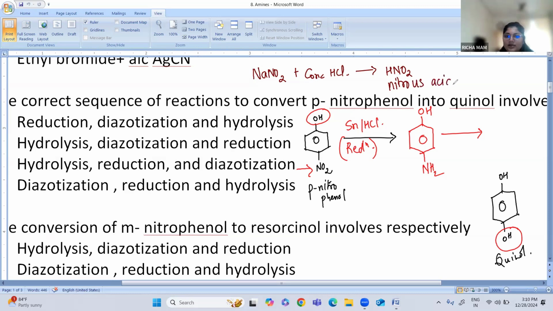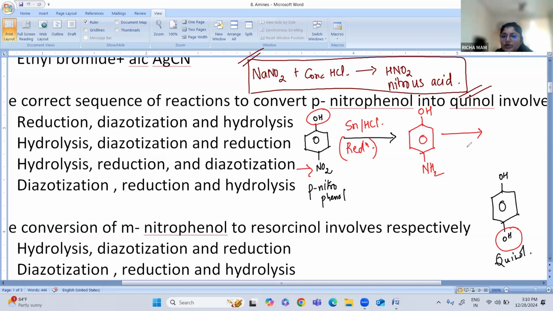Diazotization is a process where, wherever you have an amino group, you do diazotization using the diazotizing agent NaNO2, which reacts with concentrated HCl to give nitrous acid.